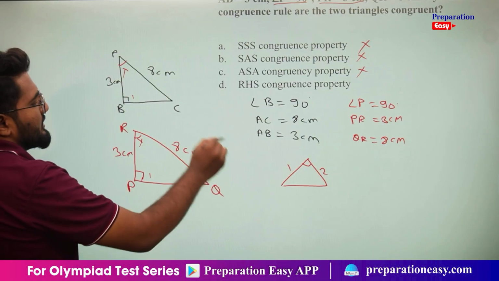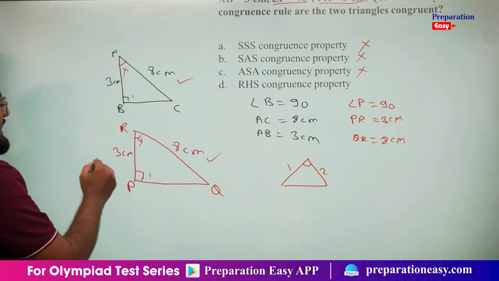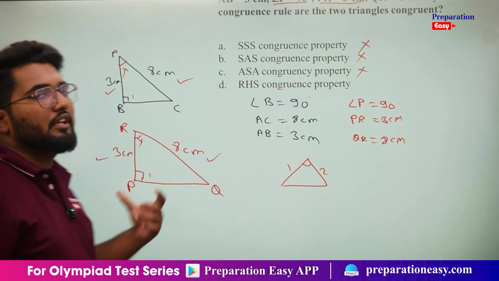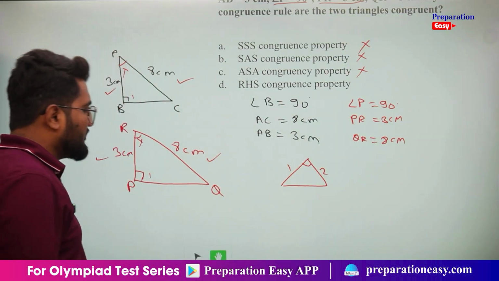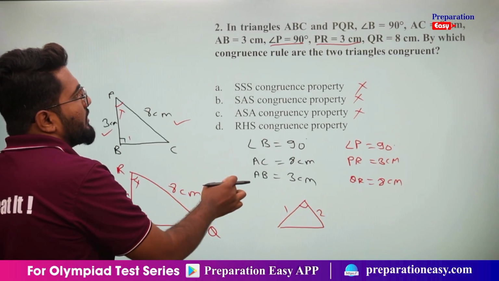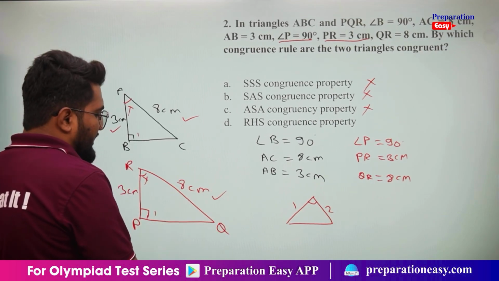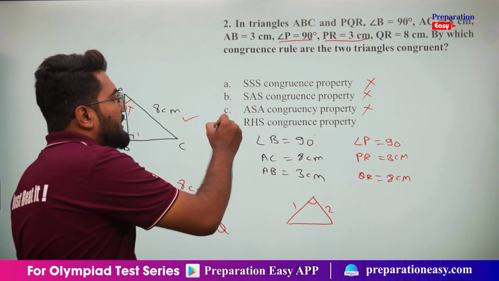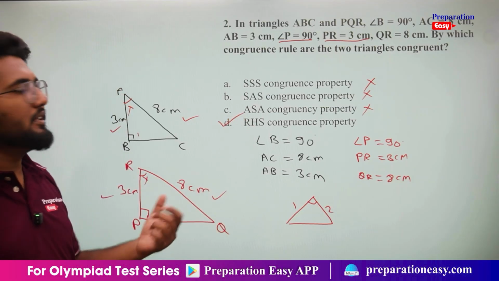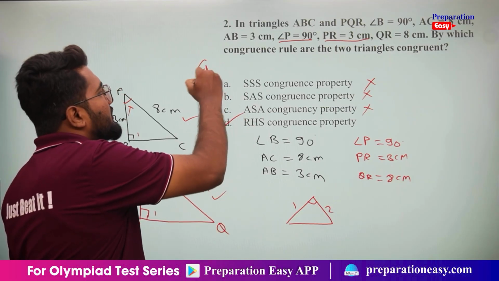Yes, hypotenuse is also equal. And is one side equal? Yes, one side is also equal. So these two triangles are congruent by the RHS congruency property. Correct option is option D.